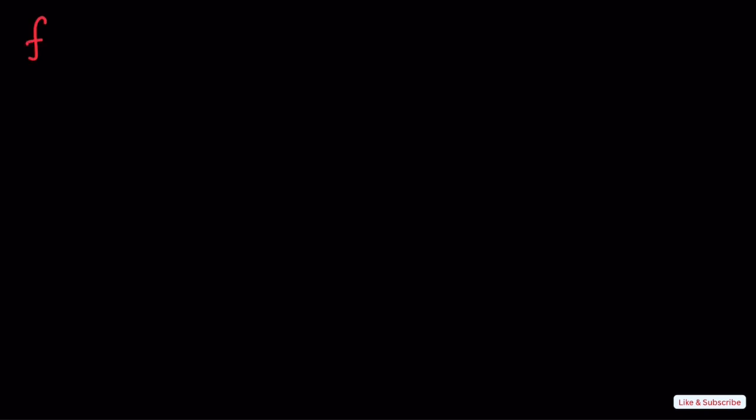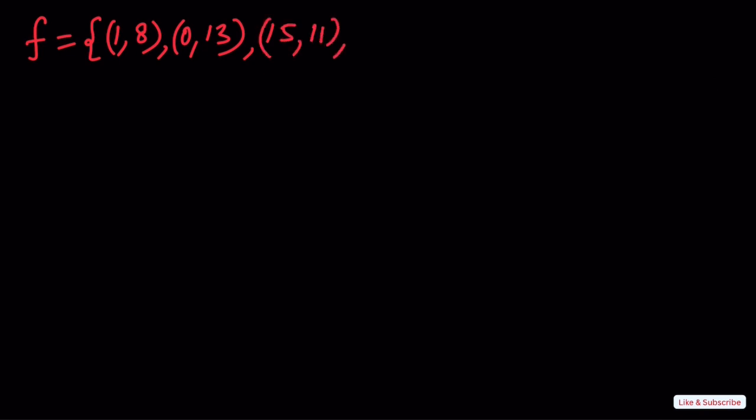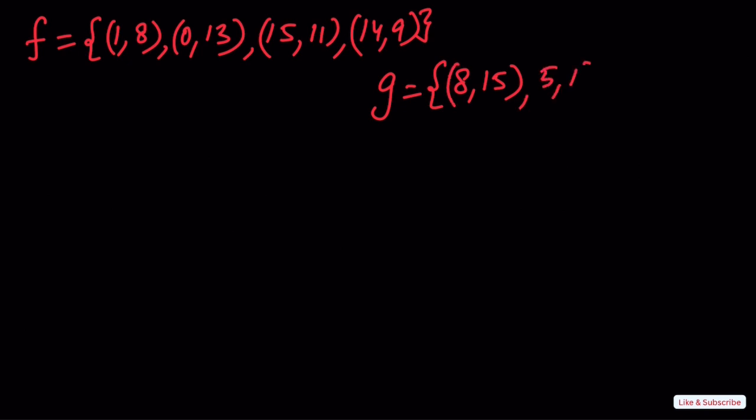Now consider another function f of x, which is given as 1 and 8, 0 and 13, 15 and 11, 14 and 9. And another function g is given, which is 8 and 15, 5 and 1, 10 and 14, 9 and 0.